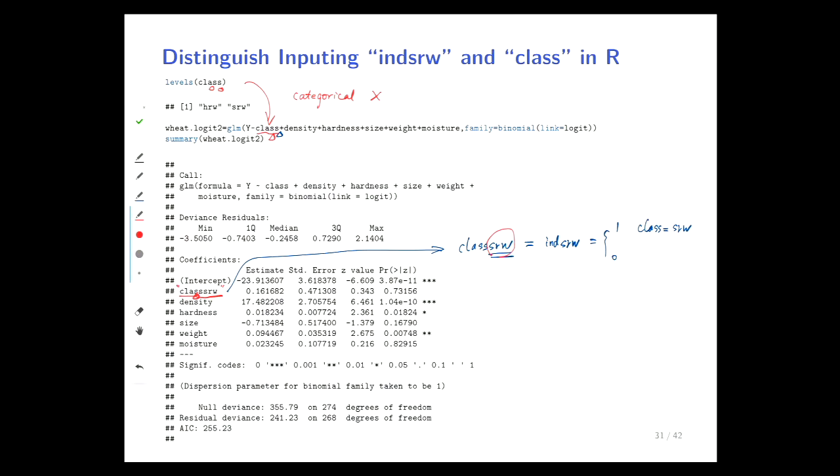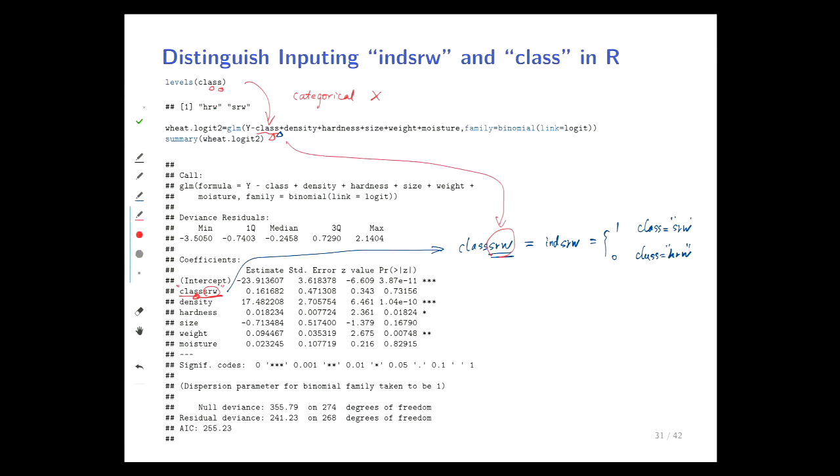So it's actually an indicator variable for SRW. The other case is HRW. That's the meaning when you input a categorical variable directly in R.